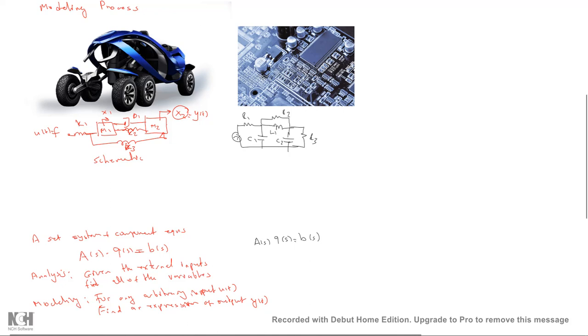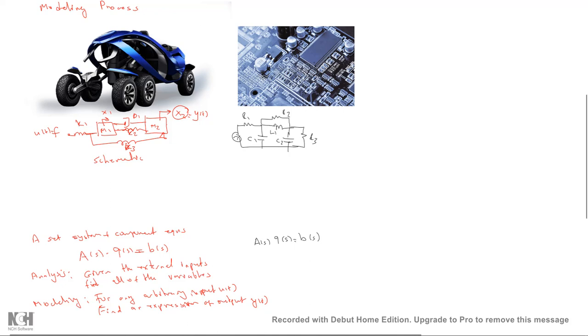But if I try to model the system, again I need to find out the input-output relation. The external input is shown here. The output is again defined by the application or the user. If we take the voltage across the capacitor C2 as an output, that might be one option, or you can take the current that runs through the inductor L1, which might be another output of interest.